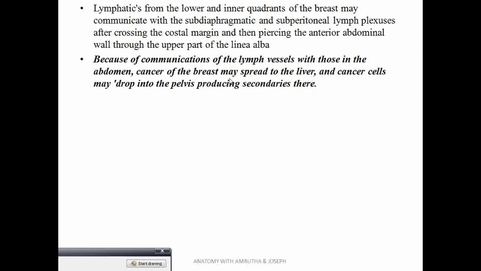So because of these connections, breast cancer can spread in different directions. It can go into the abdomen and reach the liver, or it can reach the pelvis as well. Okay, the metastasis can occur.